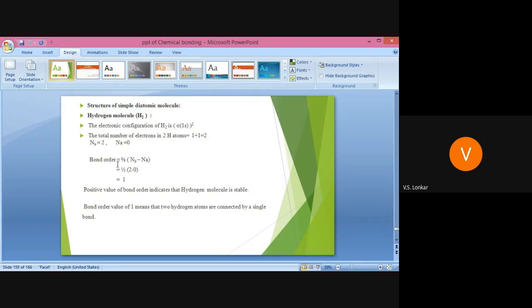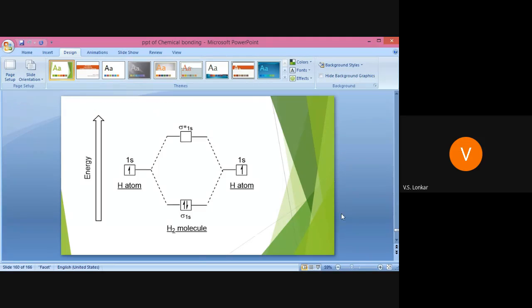What do you mean by bond order? Bond order is nothing but the number of covalent bonds present in a diatomic molecule. If the bond order is 1, it means it has one single covalent bond. This is the molecular orbital energy level diagram for hydrogen.